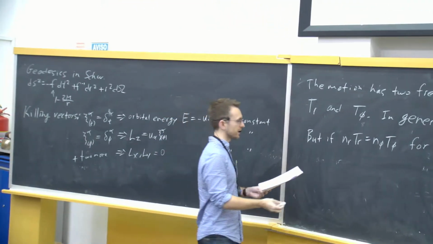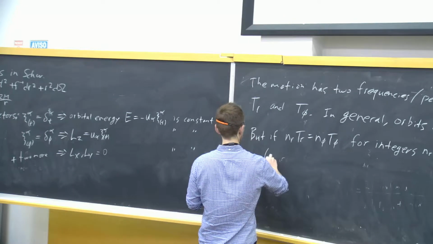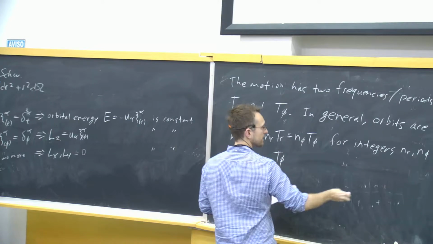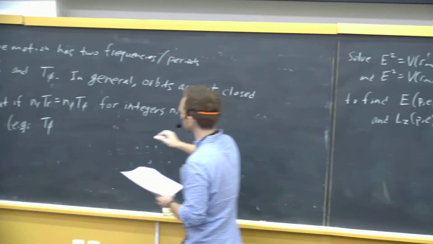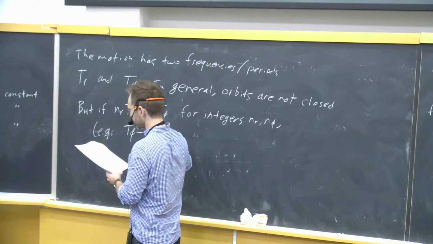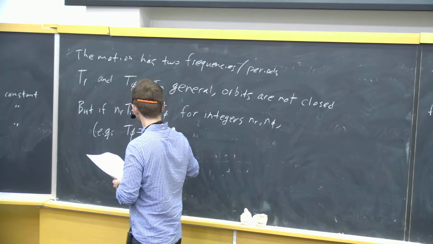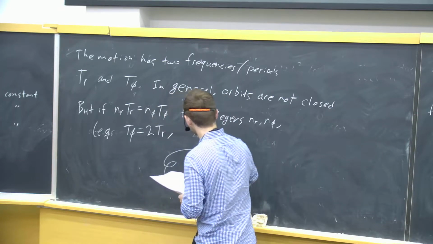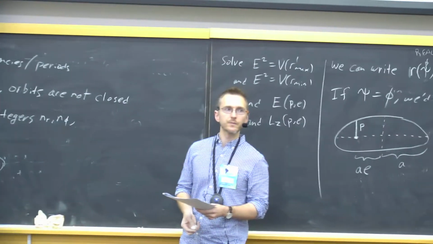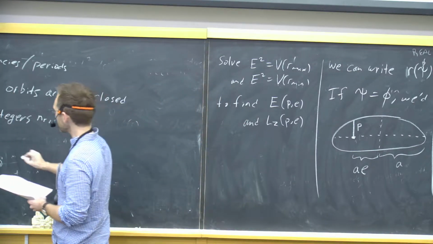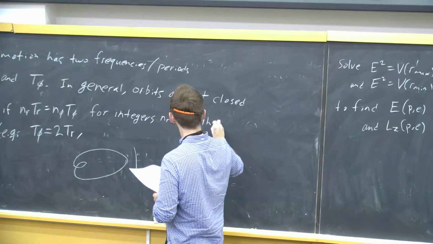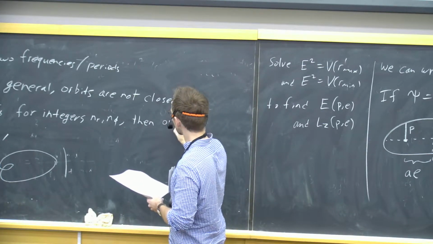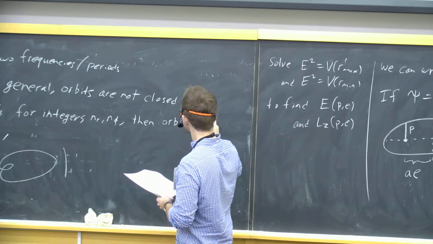So for these special cases, for example, if T_phi is equal to 2 T_r, then the orbit looks like that. For these special cases, called resonant cases, the orbits are closed.